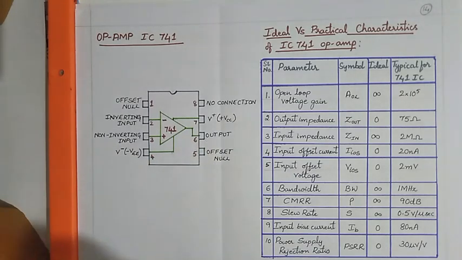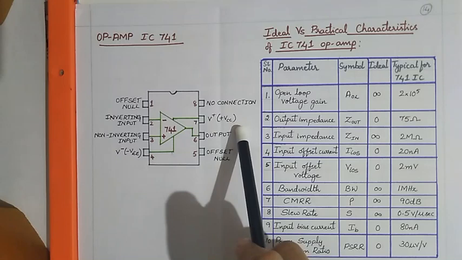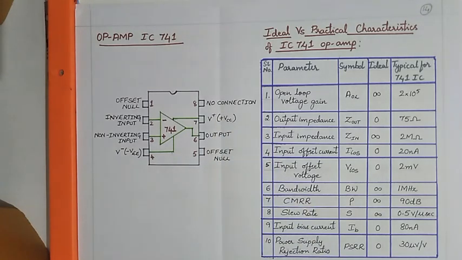Pin number 4 represents the negative supply voltage, that is minus VEE, and pin number 7 represents the positive supply voltage, which is plus VCC. Pin number 8 is a dummy pin to which no connection is to be made externally.